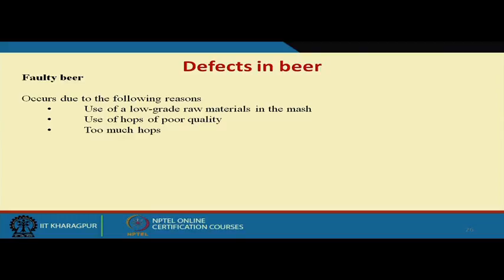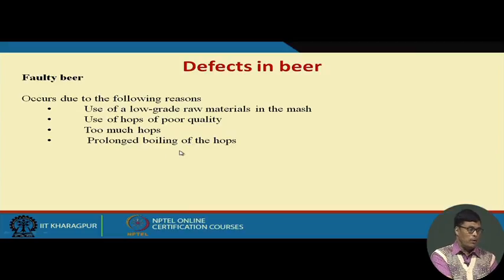Then we have hops of poor quality, which also gives poor quality in beer. Too much hops gives too much bitterness in the beer. And prolonged boiling with hops, if you heat for a longer period of time, also causes some kind of defects in the beer.